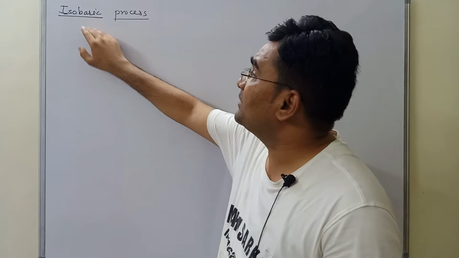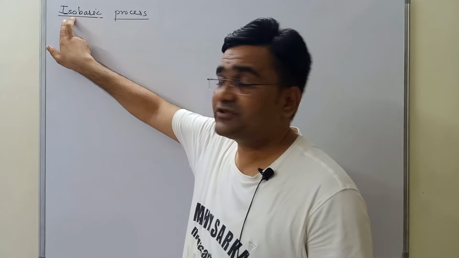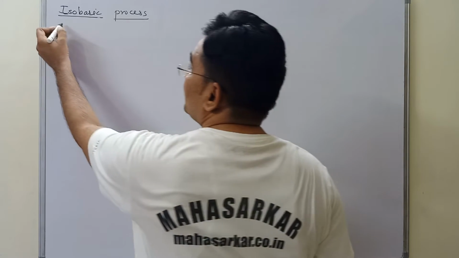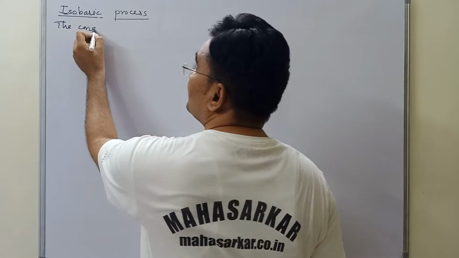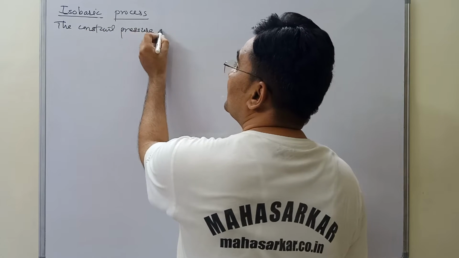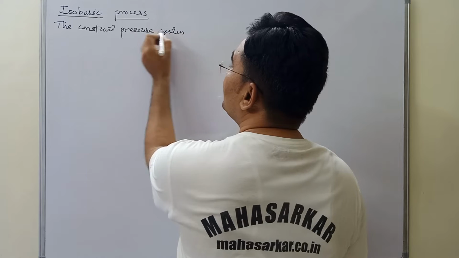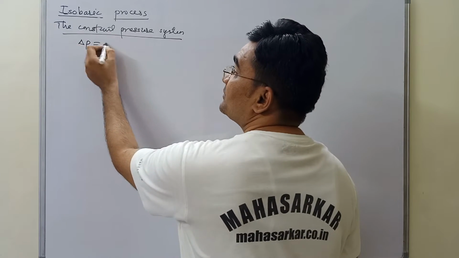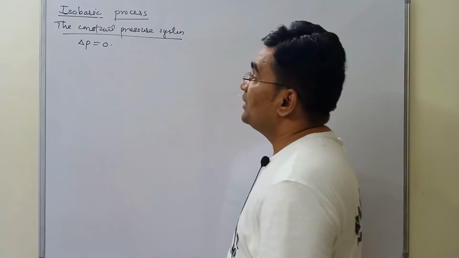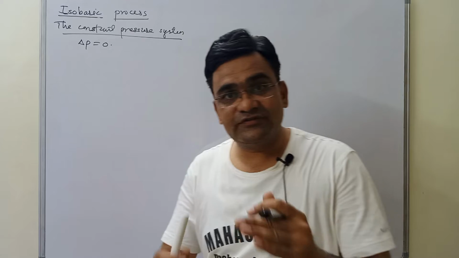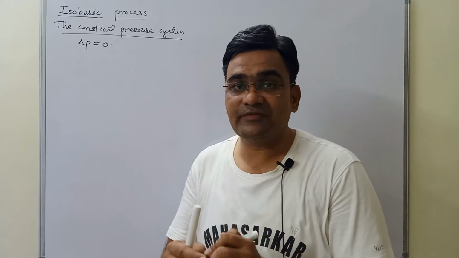So what is isobaric? Iso means constant, and baric means pressure. The system in which the pressure is constant is called the isobaric process. In this system delta P is 0. Here the pressure is not changing, so some pressure is definitely there with the substance.